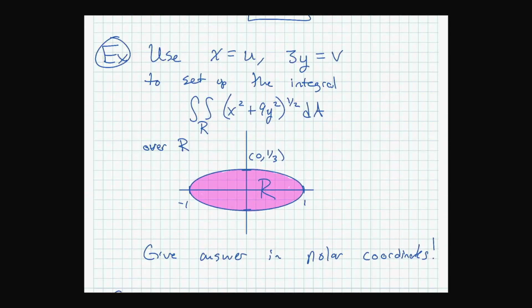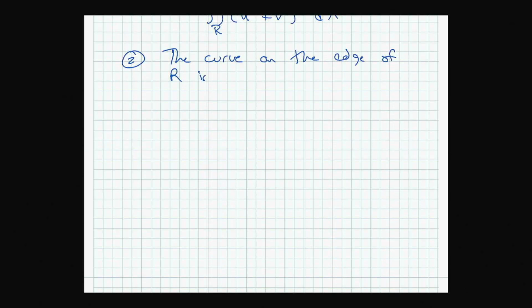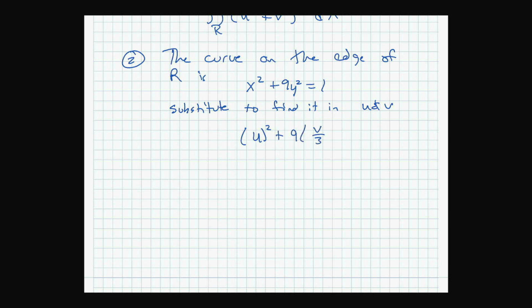I didn't write it, but this curve is x squared plus 9y squared equals 1. That's the ellipse. So the curve on the edge of R is x squared plus 9y squared equals 1. If we substitute in to find it in u and v, then it's u squared plus 9. We just did this. It's the same calculation.